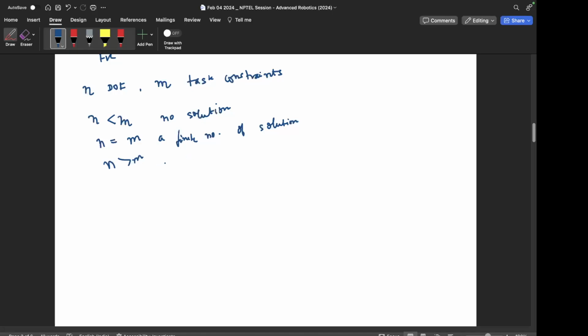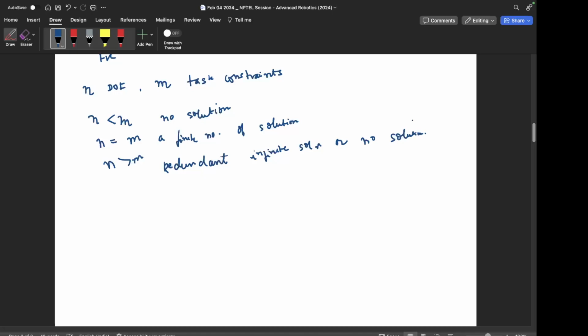Now, the third case is when the number of degrees of freedom is more than the task constraints. This is when we say that the manipulator is redundant, or there is a redundancy in the manipulator. In that case, there is a possibility of either infinite solutions or no solutions also.